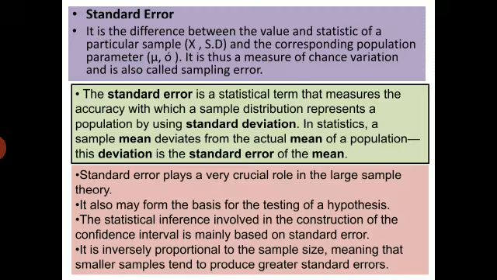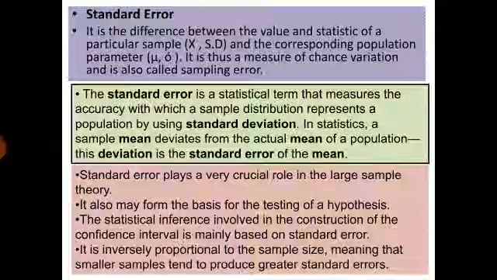It may also form the basis for the testing of hypothesis. The statistical inference involved in the construction of the confidence interval is mainly based on standard error. It is inversely proportional to the sample size, meaning that smaller samples tend to produce greater standard errors.